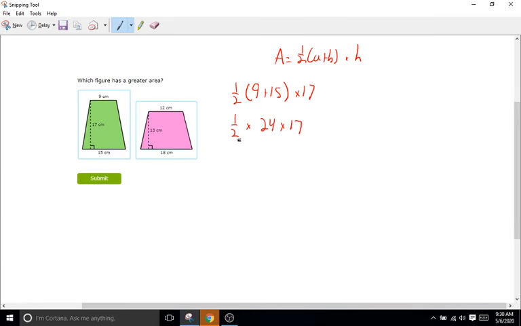Okay, I'm going to do 1/2 times 24, so that's going to be 12 times 17. Okay, add equal signs here. And when we have 12 times 17, that is going to be, I think, 204.